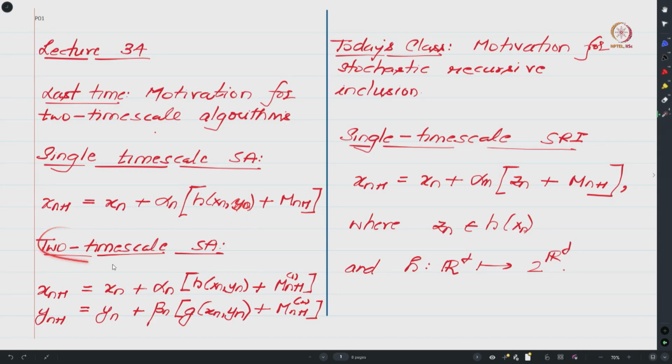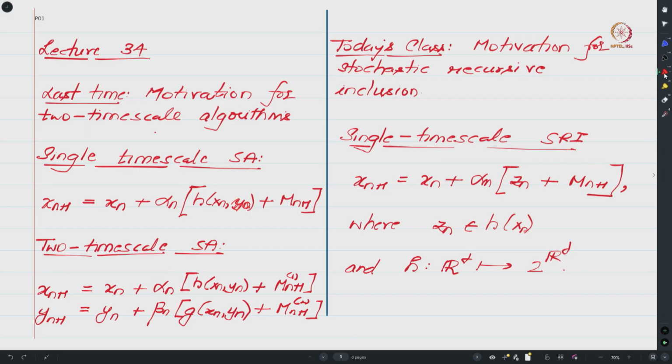On the other hand, the general form for a 2 time scale stochastic approximation is as follows. Here you have two different variables that you are updating, and the first variable's update rule could depend on both xn and yn, and similarly yn's update rule could depend on xn and yn. Now this algorithm itself could be viewed as 1 time scale when alpha n and beta n are of the same order.